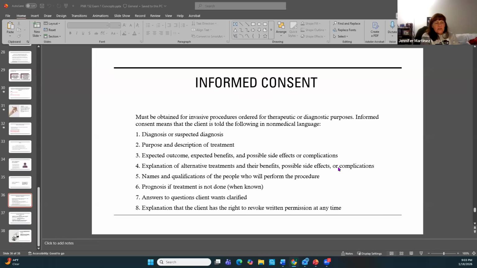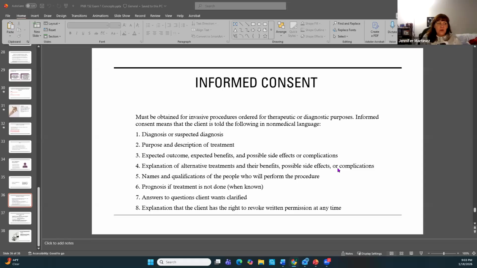So informed consent must include their diagnosis or their suspected diagnosis, right? We may not know what their diagnosis is. That's why we're going to do this invasive procedure, so that we can get a diagnosis. The purpose and the description of the treatment. This is what we're going to do.